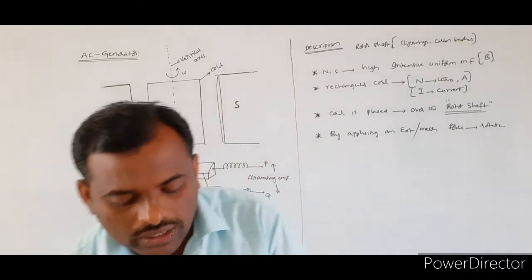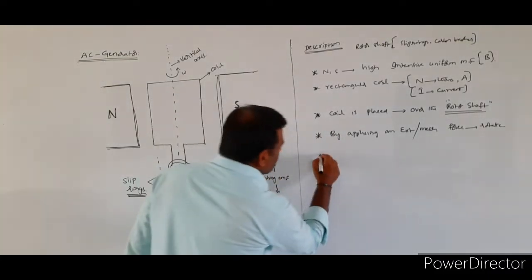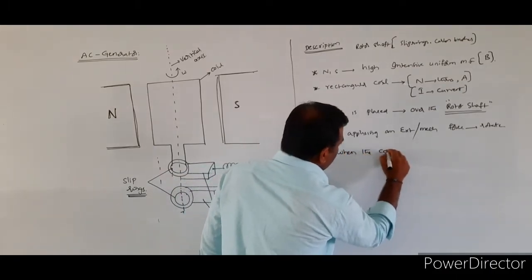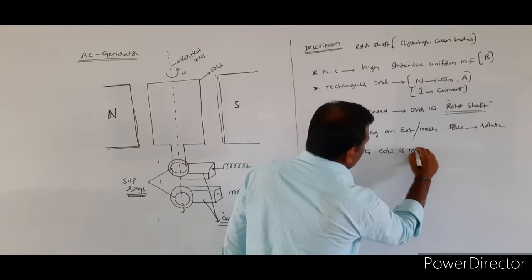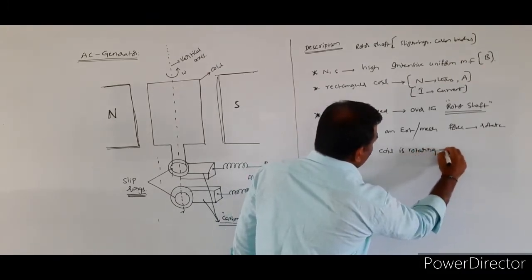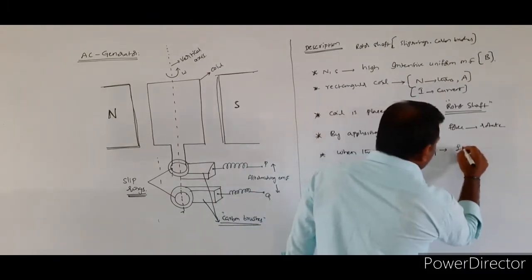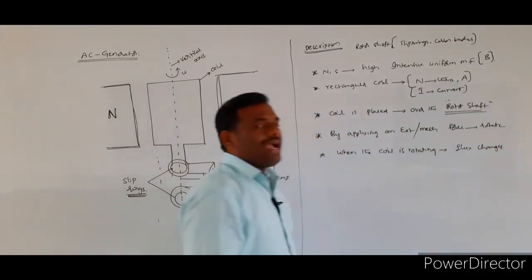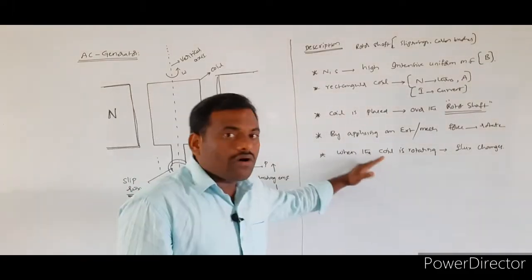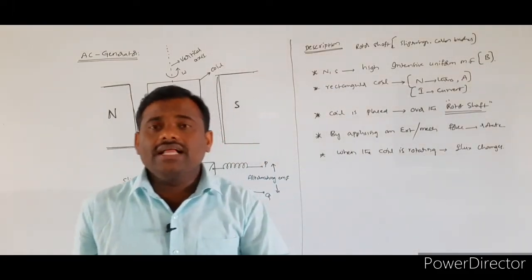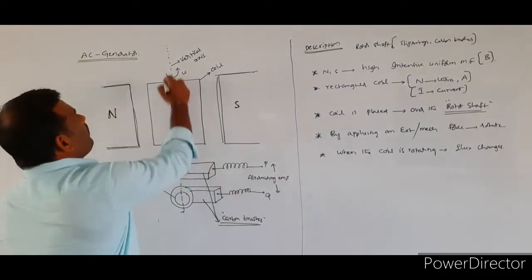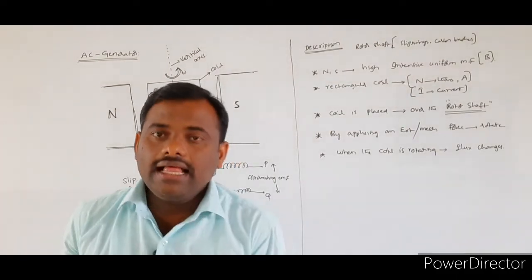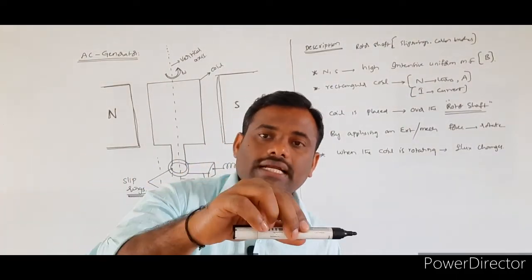So what we have to understand is that when the coil is rotating, the magnetic flux changes. Here the coil is not at rest. The coil rotates about the vertical axis, if the magnetic field acts along the horizontal direction.